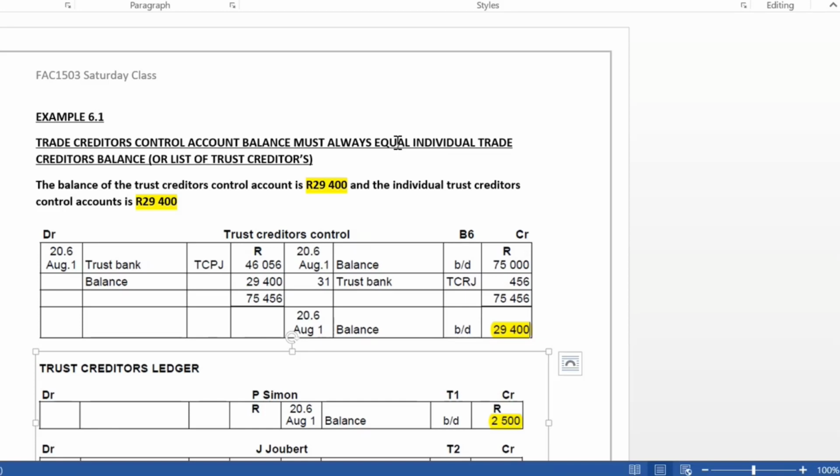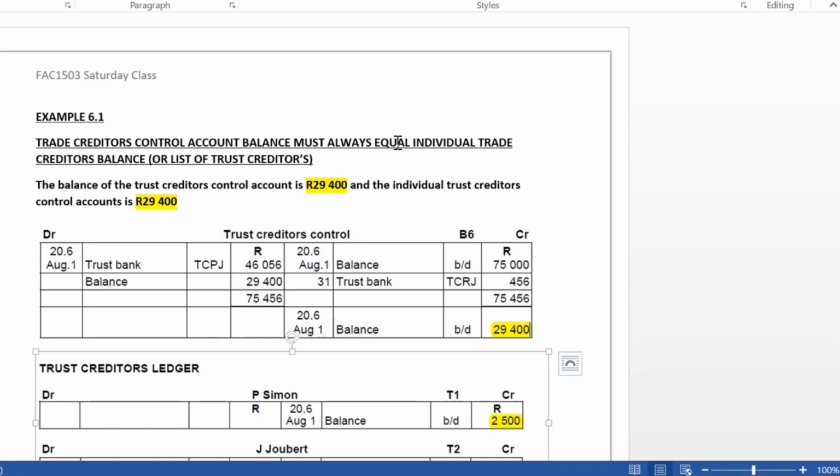You will have to, so remember earlier when I said to you, when a client transfers money to the attorney's practice and the attorney has not performed the work as yet, the attorney will record that money from the client in the trust cash receipt journal.